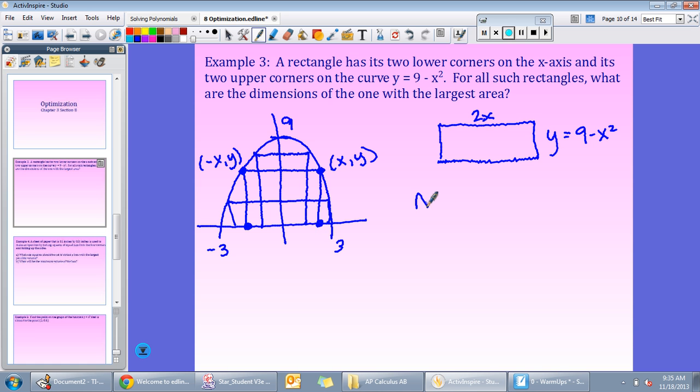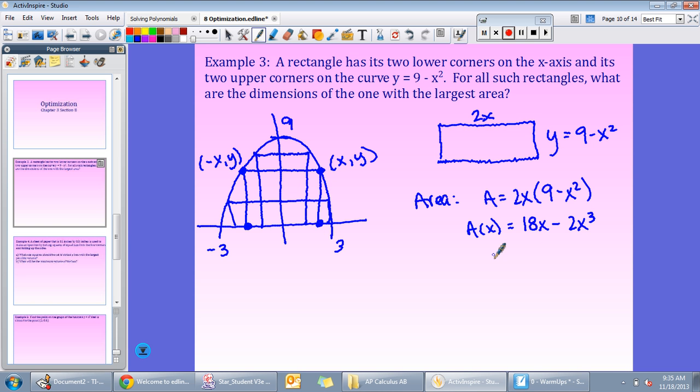So our area is going to be A equals 2x times y, or 9 minus x squared. Now it's in one variable, so A of x equals 18x minus 2x cubed.